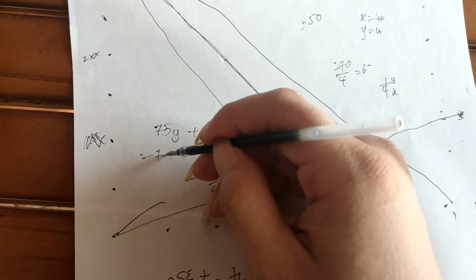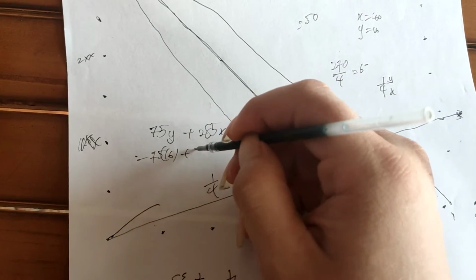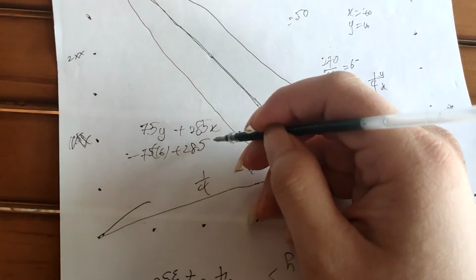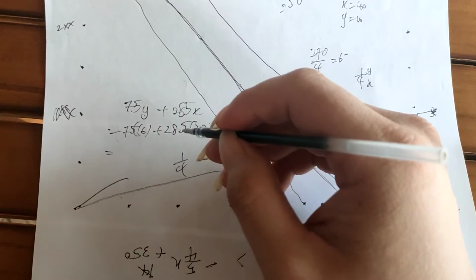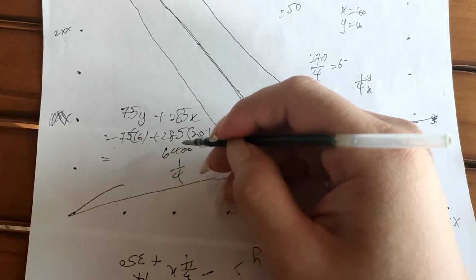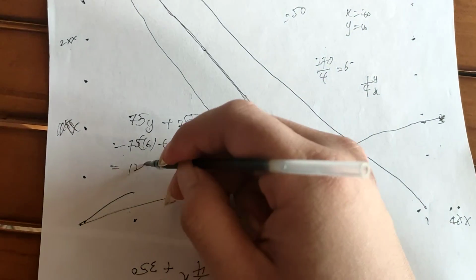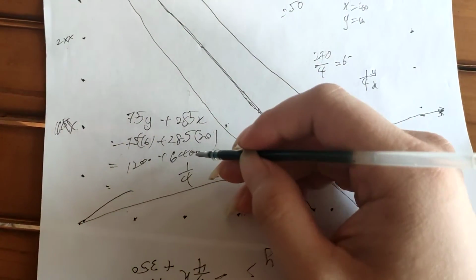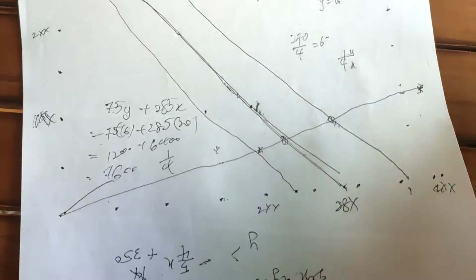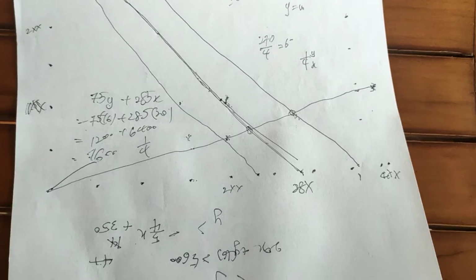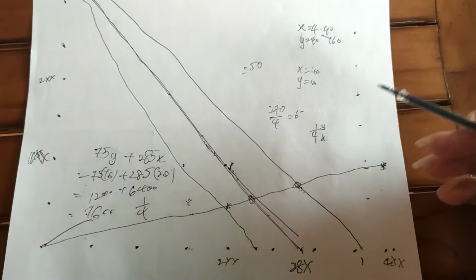So 75, 16, x is 20 per toy, 6,004, 1,002, which will make 7,600. You should find the correct one when you draw this.